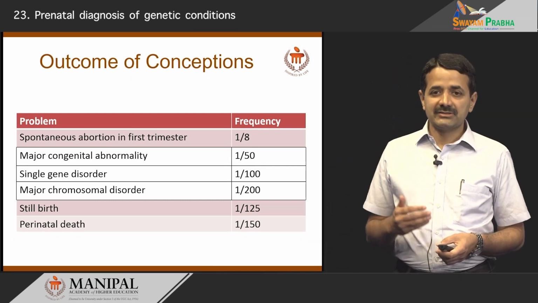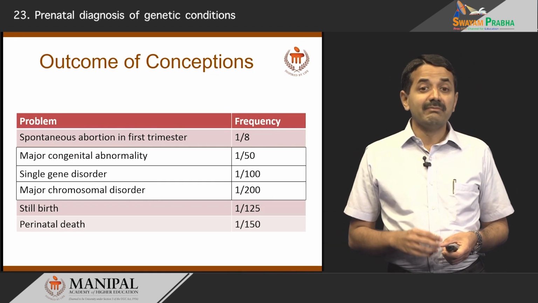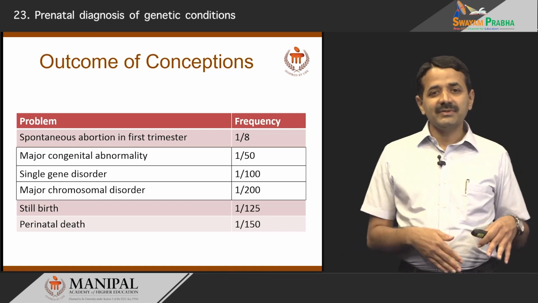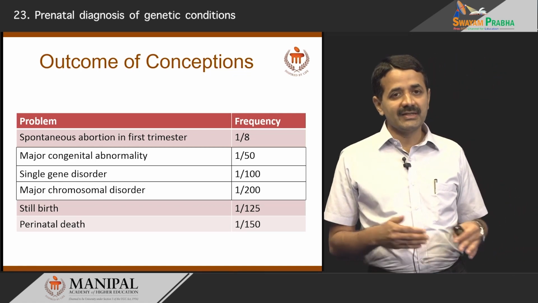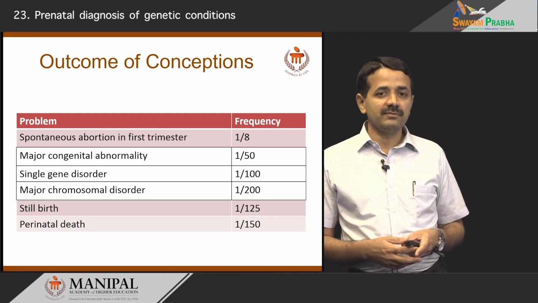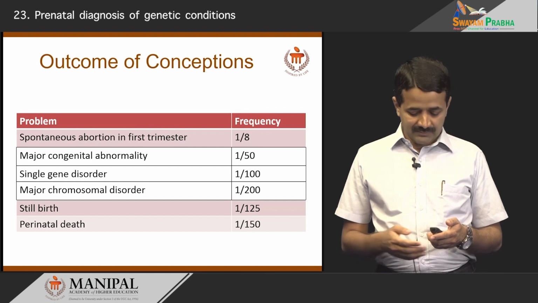We call them Mendelian disorders or monogenic disorders. Major chromosomal abnormality can be present in 1 in 200, and some pregnancies end up in stillbirths or perinatal deaths, which are not usually the desired outcomes of a healthy conception.